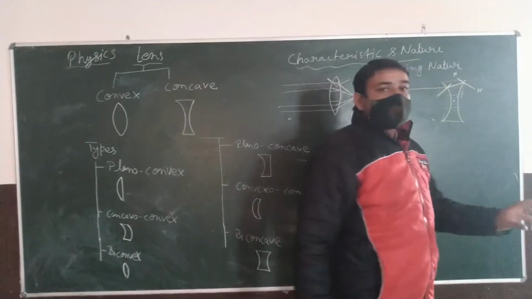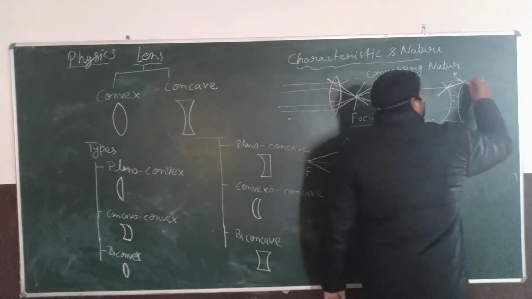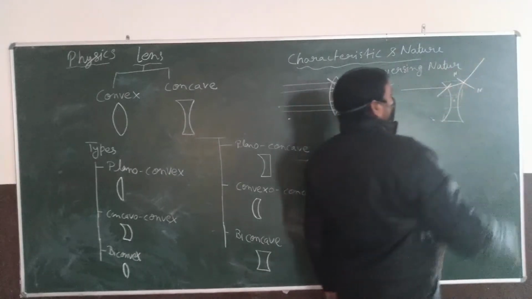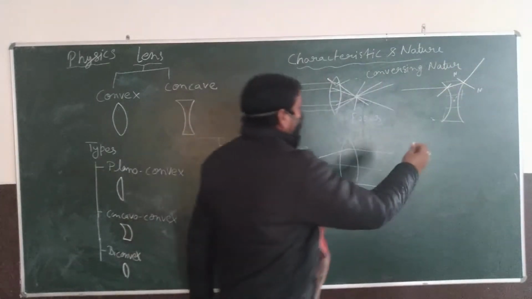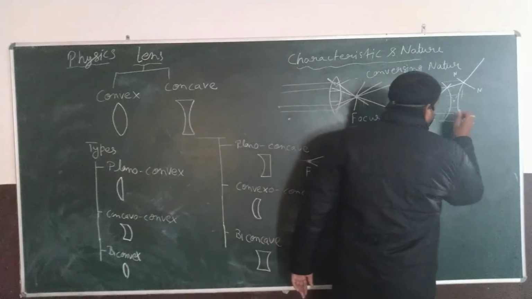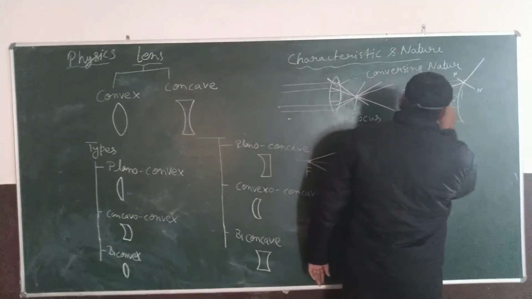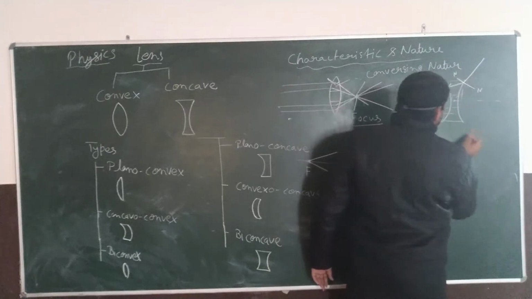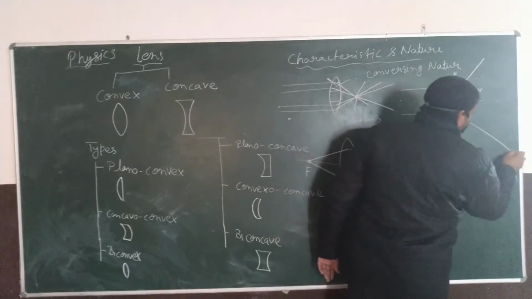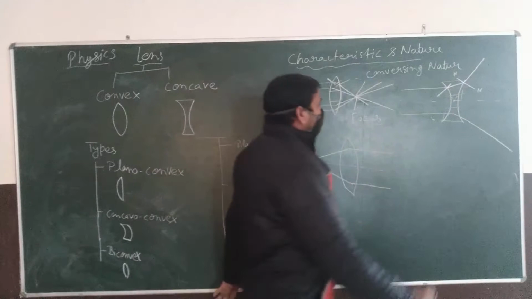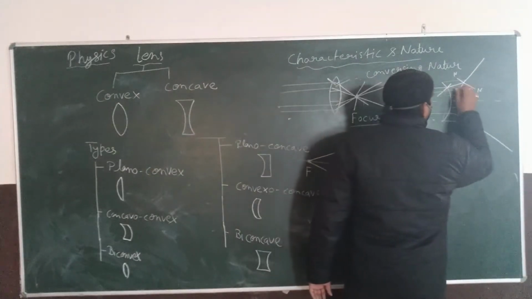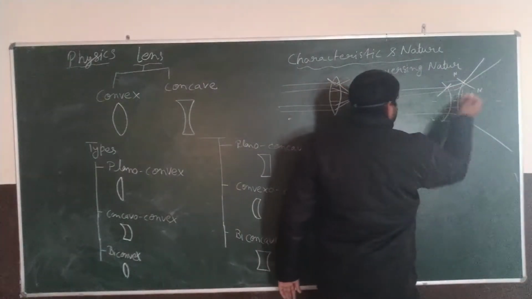Then the light should bend away from the normal, so it will bend like this. And the another ray which is traveling parallel, this is the principal axis, we observe it also bends away, and similarly if more rays are traveling, then they bend like this.